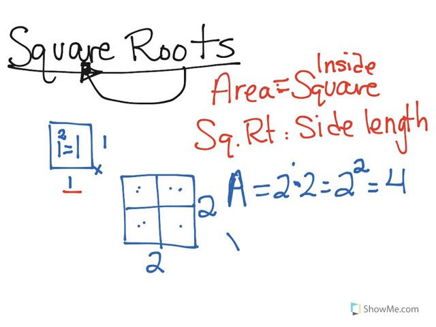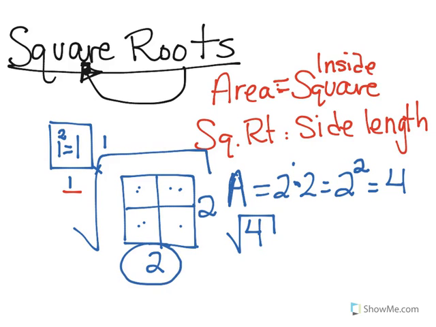Square root, this little symbol, of 4 means I have 4 squares on the inside, and I'm taking the square root of it, so I just want to know what my side length is. My side length is 2, so my answer is 2.